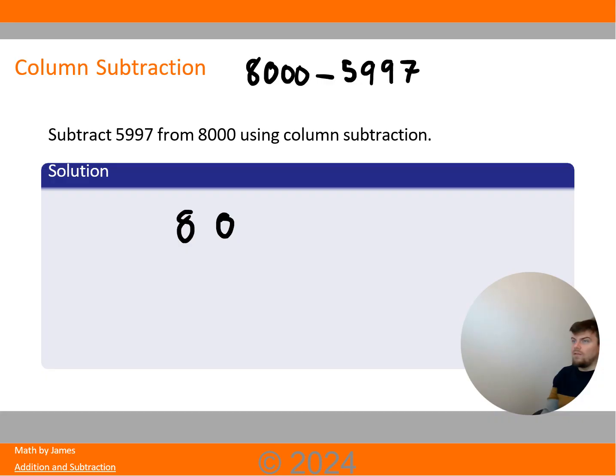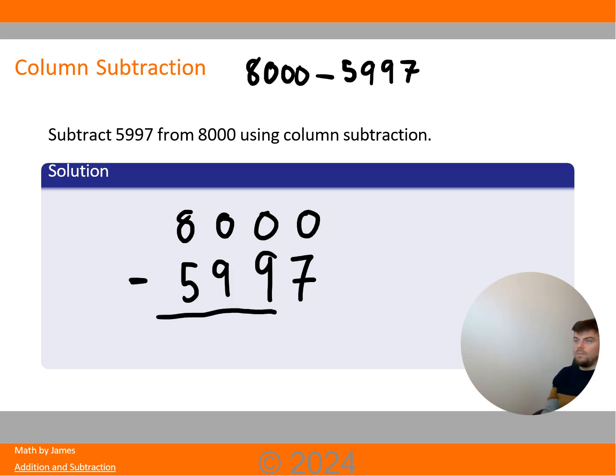So write 8,000 out on the top. We subtract from here. So what we do is we take this away.